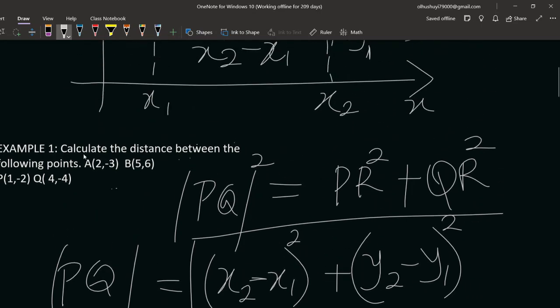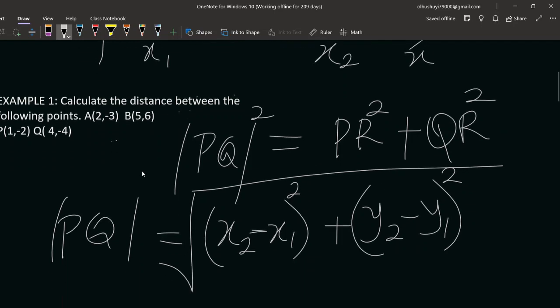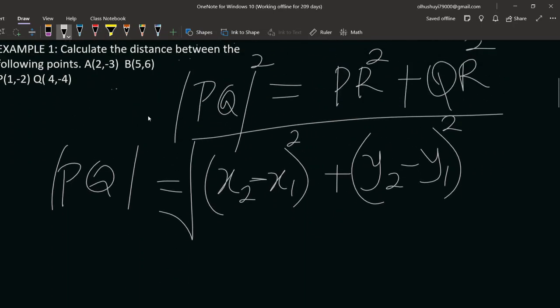With this formula, let's solve this question. Calculate the distance between the following points: A, coordinate 2 and minus 3, and B, coordinate 5 and 6. Let me write that here.